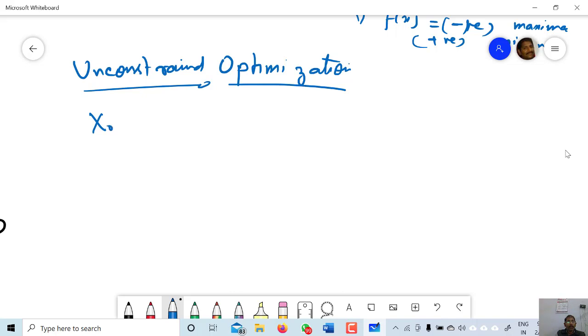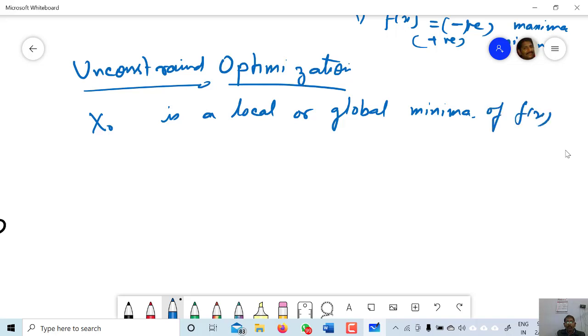So we have to find whether the point x0 is a local or global minima of the function f(x). We have to find this over Rn.